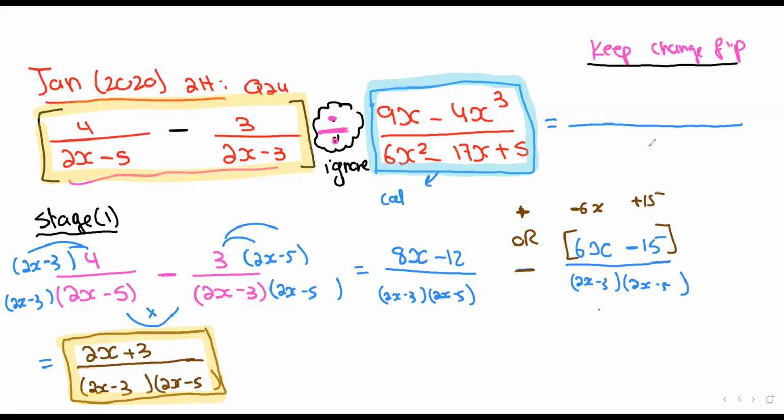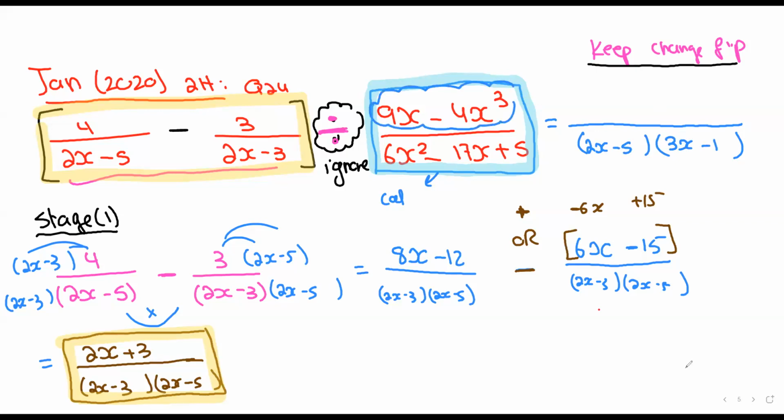So you end up with two brackets: the first is 2x minus 5, and the second bracket is going to be 3x minus 1. By looking at the denominator, you will find that it can be factorized using the calculator.